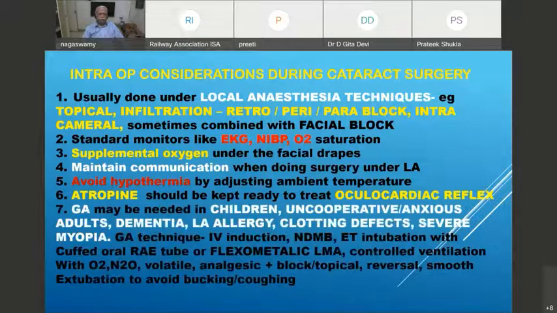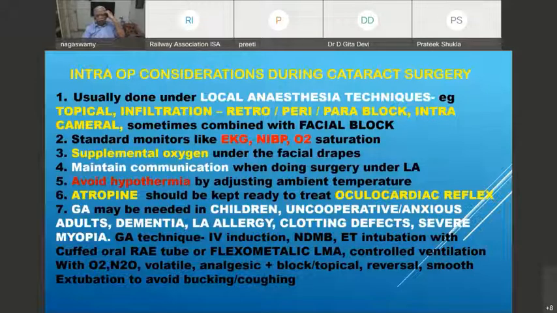And GA may be needed in children or uncooperative anxious adults, where patients are demented, or LA allergy, clotting defects, severe myopia. In all these cases, GA may be required. And the technique of giving GA is IV induction, non-depolarizing muscle relaxant, ET intubation with a cuff oral RAE tube or a flexometallic LMA, controlled ventilation with oxygen.